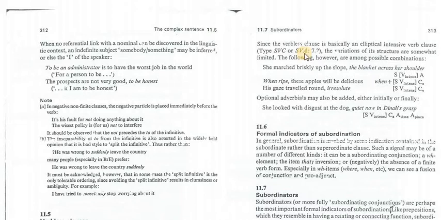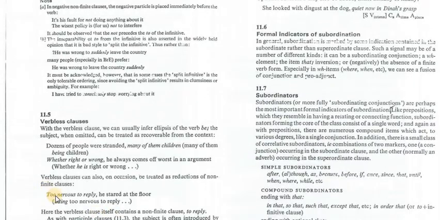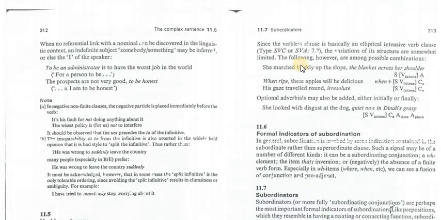Among the clause patterns containing be verbs are subject verb complement and subject verb adverb, so the verbless clause is always a reduction of these two patterns. For example, too nervous to reply comes from he is nervous: he is the subject, is the verb, and nervous is the complement. Whether right or wrong comes from he is right or wrong: he is the subject, is the verb, and right or wrong is the complement.